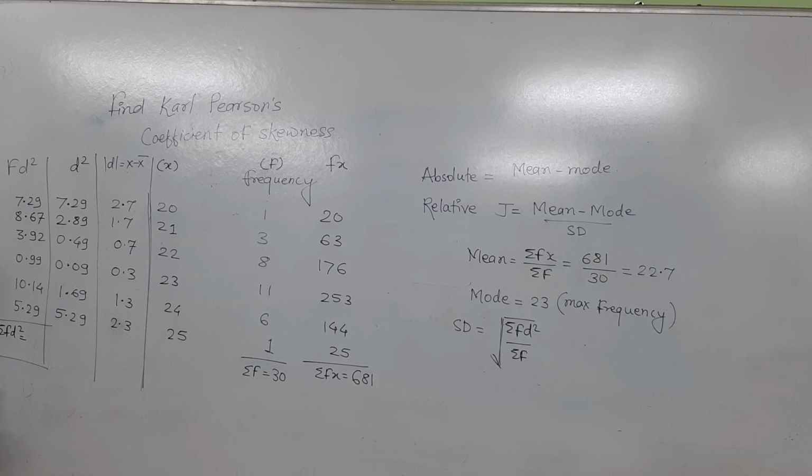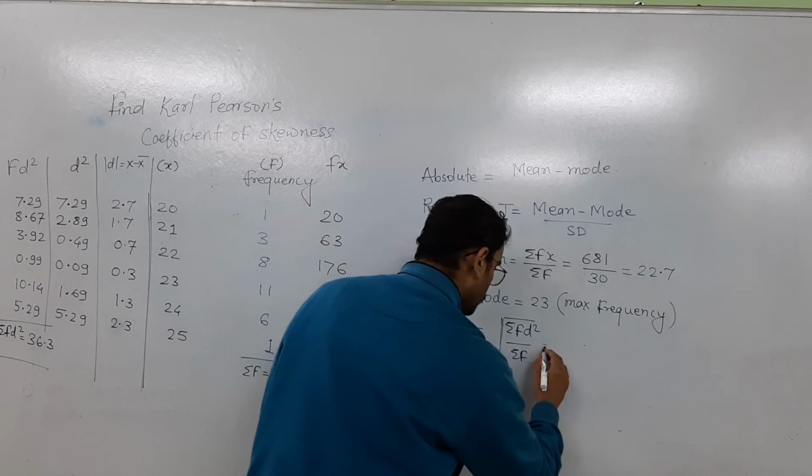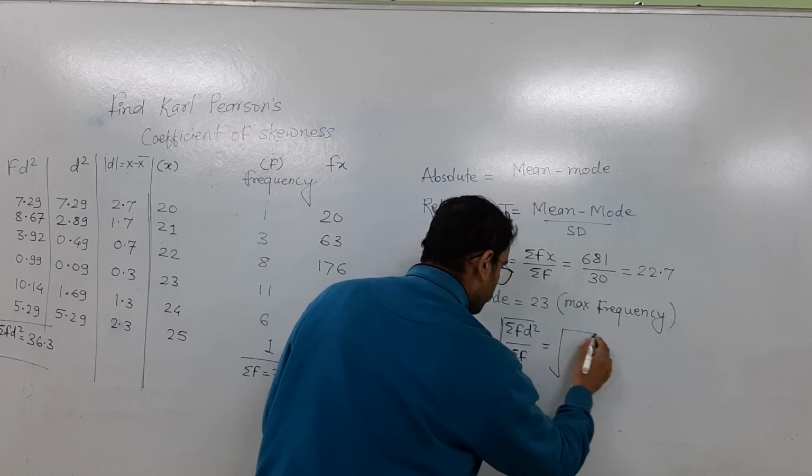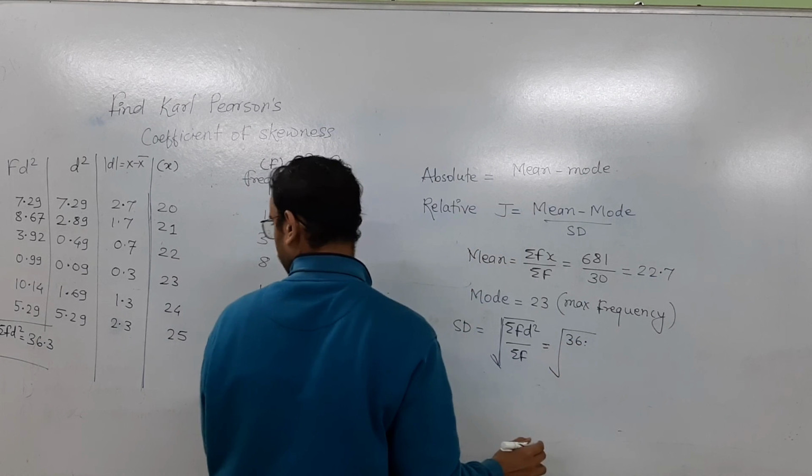Here are the six values. The answer I am getting is 36.3. So summation f d square is 36.3.